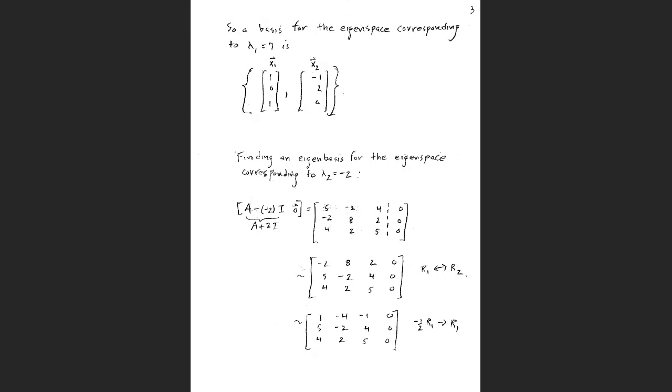Here was the basis for the eigenvalue corresponding to lambda 1 equals 7, consisting of x1 and x2, those eigenvectors. Now, is this an orthogonal basis? Is this an orthogonal basis here?